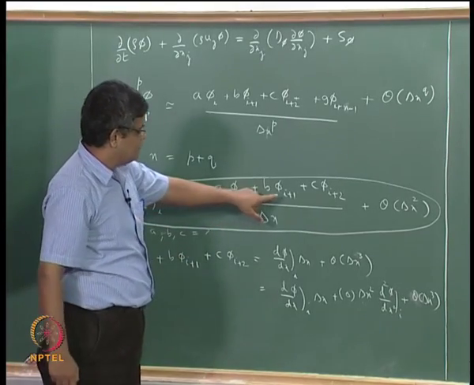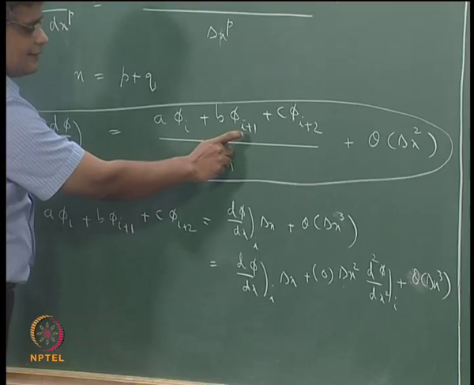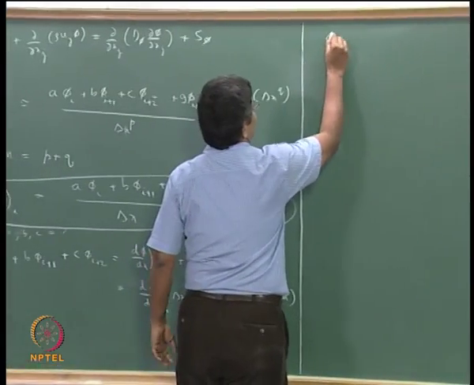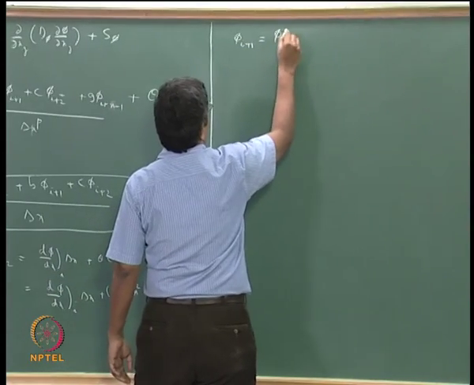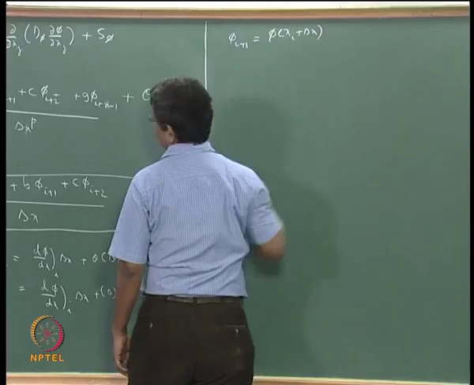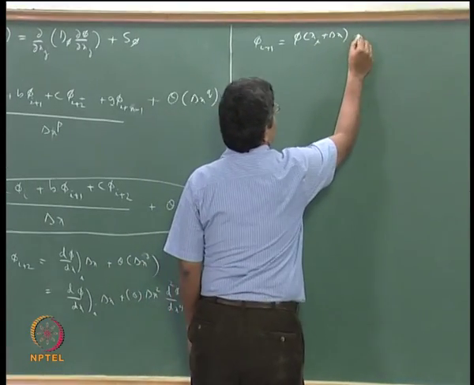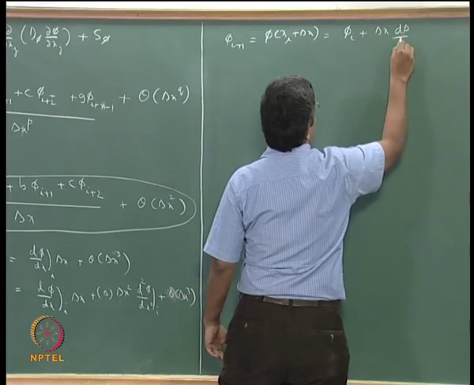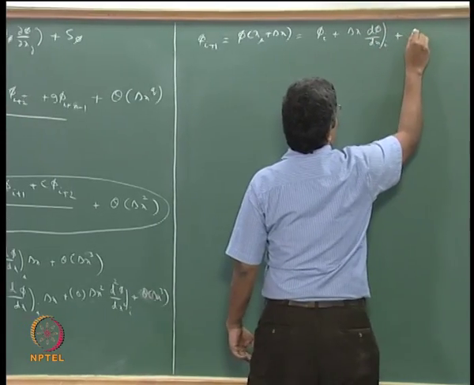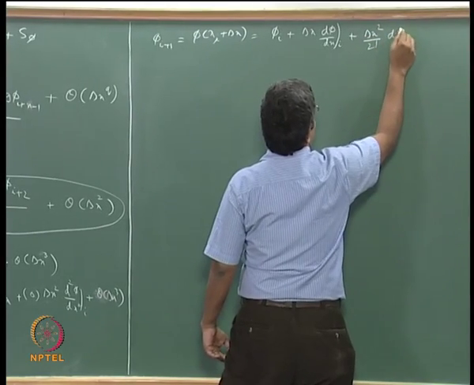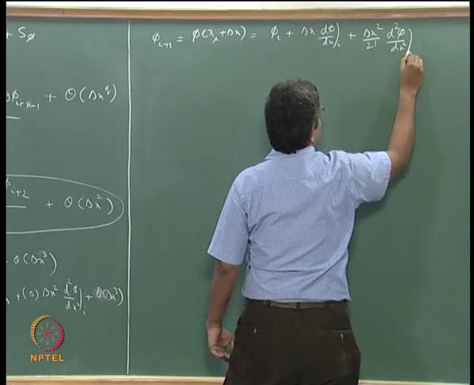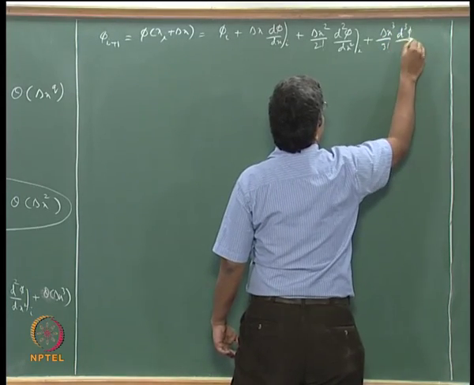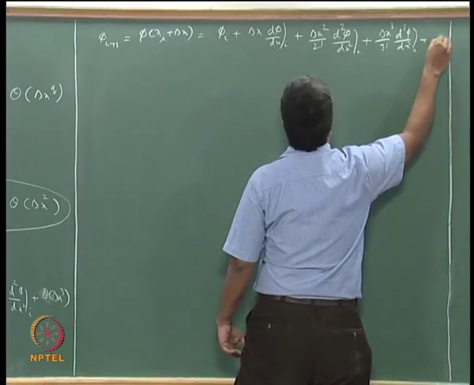In this formula that we are seeking, we have phi I, phi I plus 1 and phi I plus 2. So let us write the Taylor series expansion for each of these around the point I. So phi I plus 1 is nothing but phi of xi plus delta x as per our terminology, and this is equal to phi I plus delta x times d phi by dx at I plus delta x square by factorial 2 times d square phi by dx square at I plus delta x cubed by factorial 3, third derivative at I, plus so on.